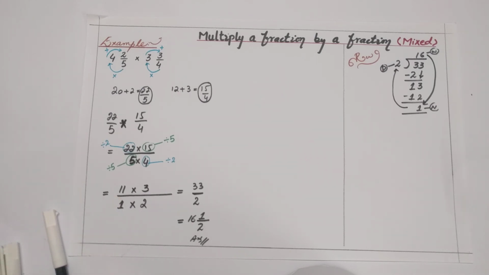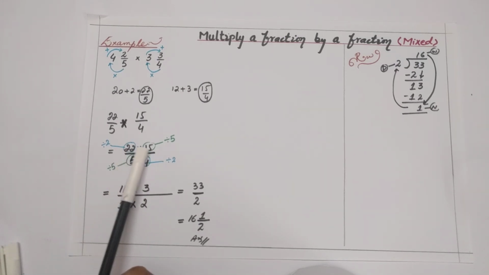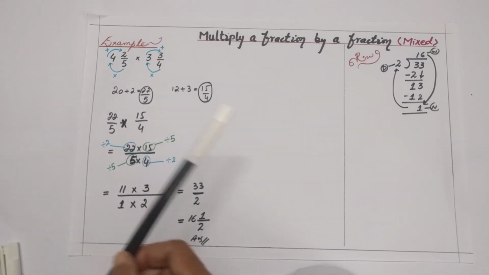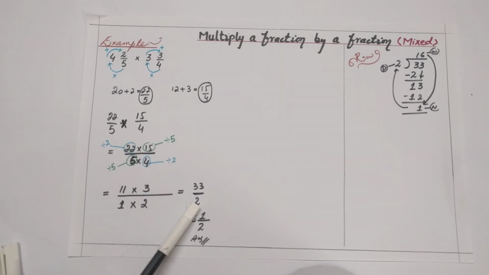It's up to you which one is the easier method for you. You can apply any method for this multiplication. Either you use this method, or you multiply the numerators and denominators and then find the highest common factor and get the lowest form of the fraction. Use whichever method is easier for you.